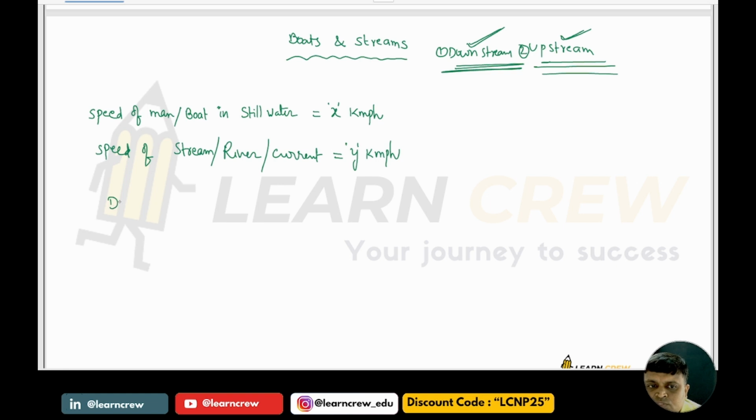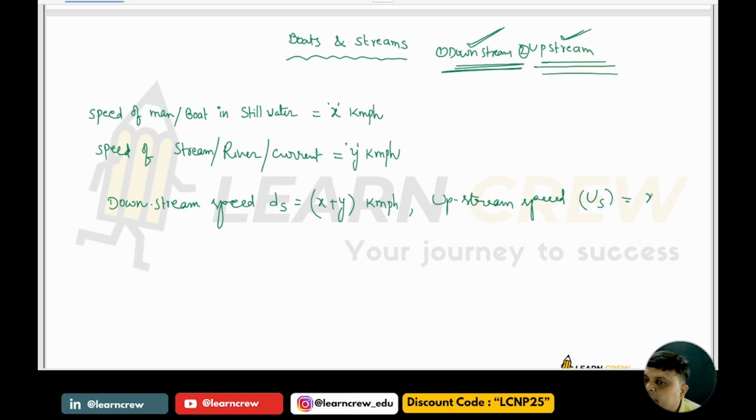Then downstream speed, DS, is given by x plus y kilometer per hour, and upstream speed, US, is given by x minus y kilometer per hour.